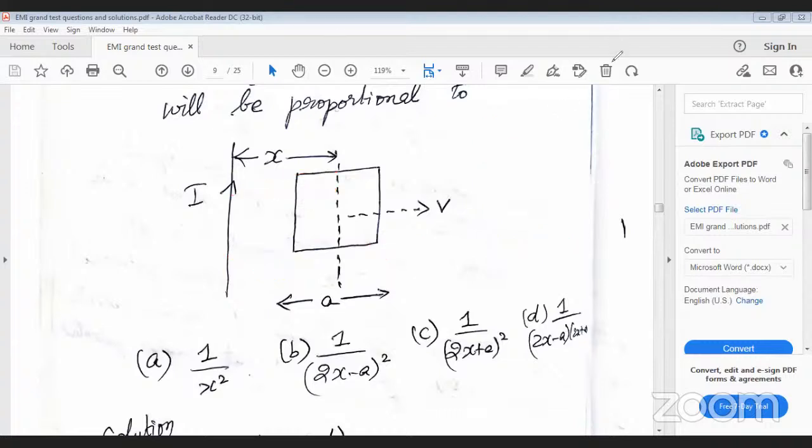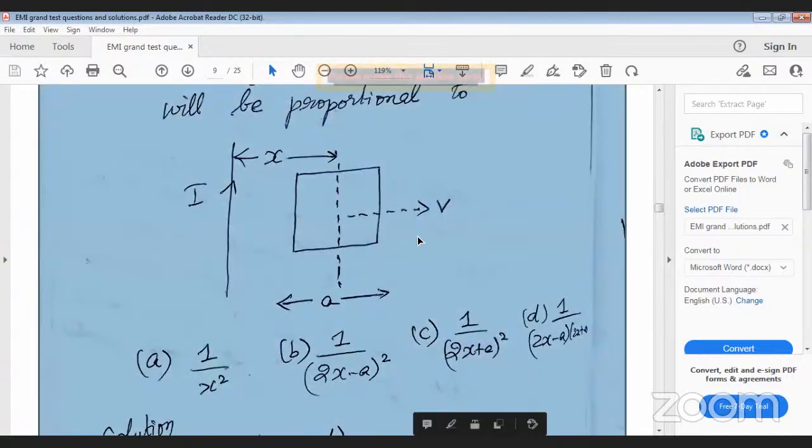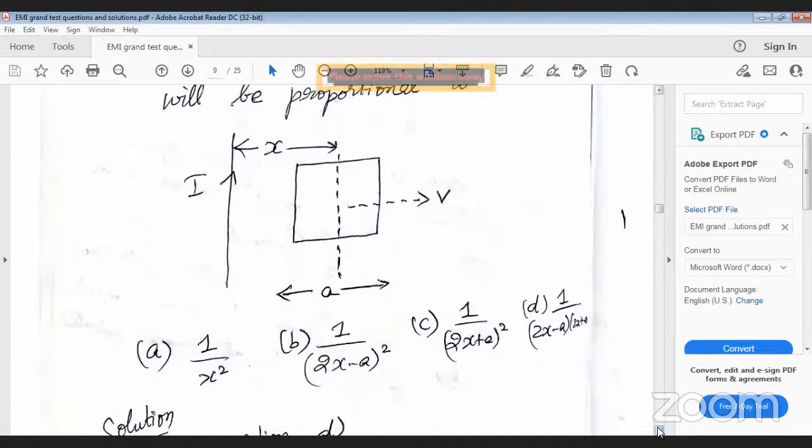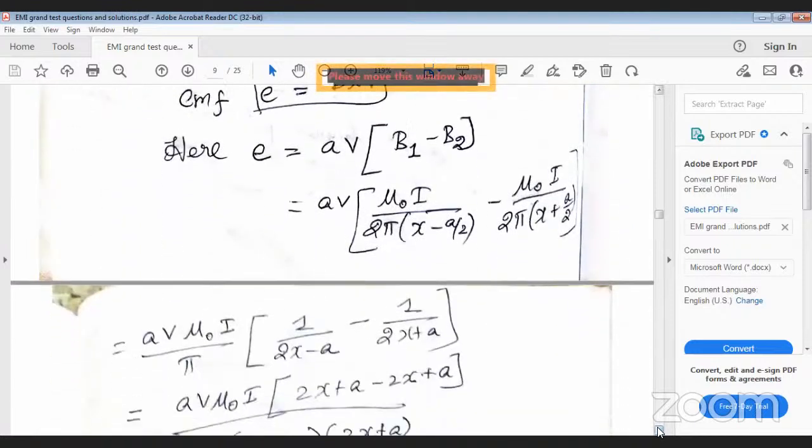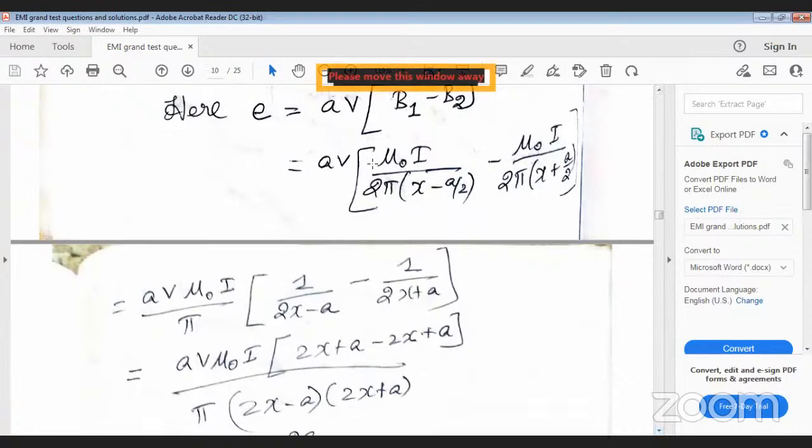So here B1 is mu naught I by 2 pi into x minus a by 2 for this point, and for this point B2 is given by mu naught I by 2 pi into x plus a by 2. So here you need to find mu naught I by 2 pi into x minus a by 2, minus mu naught I by 2 pi into x plus a by 2.